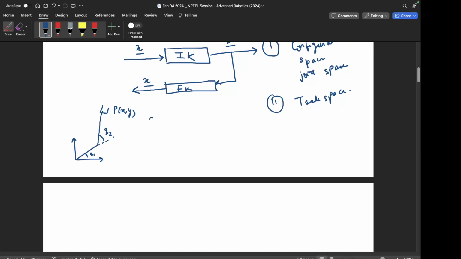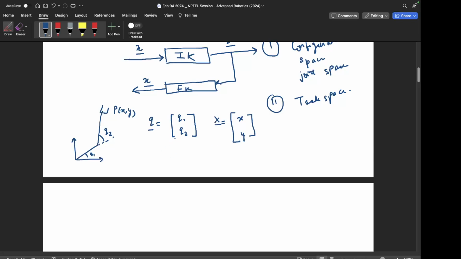So the joint angle vector is Q1, Q2, and the end effector position, since it's a 2D plane and we are not concerned about the orientation of the end effector, is fully specified by its location x, y.